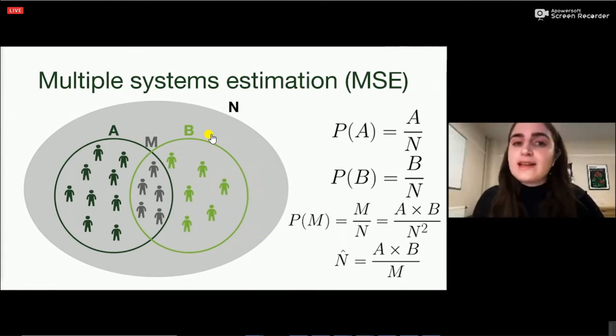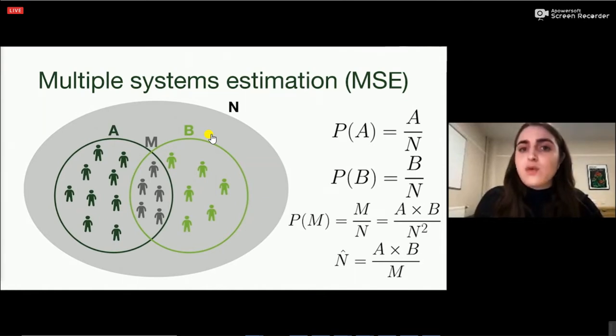The first quantity is the probability of being on list A. I'm going to call this P of A, and this is equal to A, so the number of people within the dark green circle, divided by n, the total size of the population. Similarly, the probability of being on list B is P of B, and that is B divided by n.